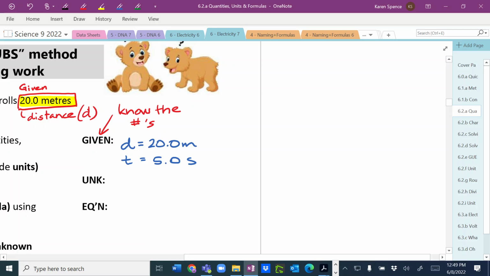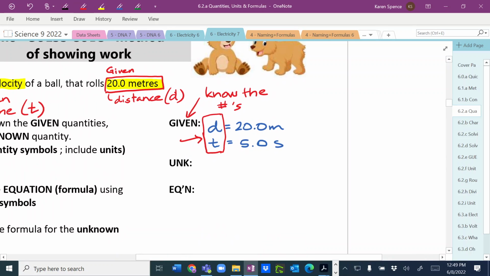So it's always going to go quantity, and then over on the other side, we're going to have the numbers with the unit.